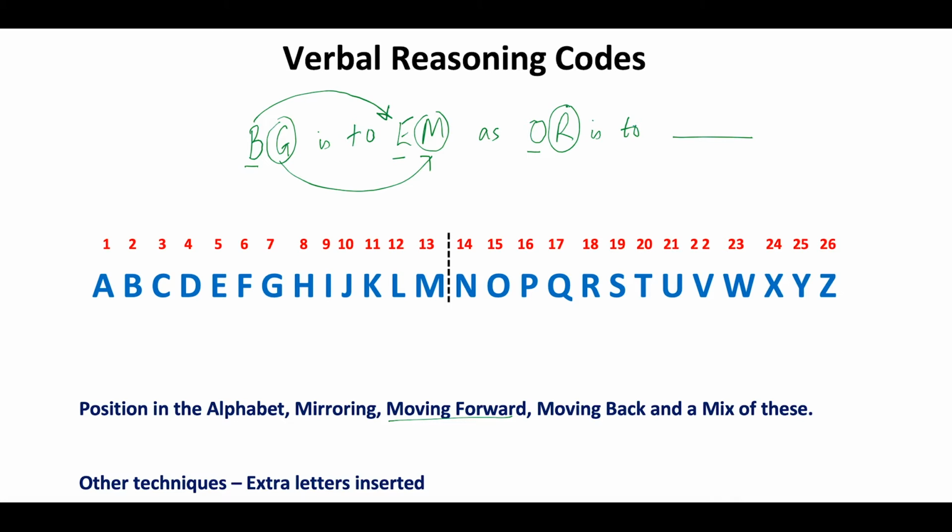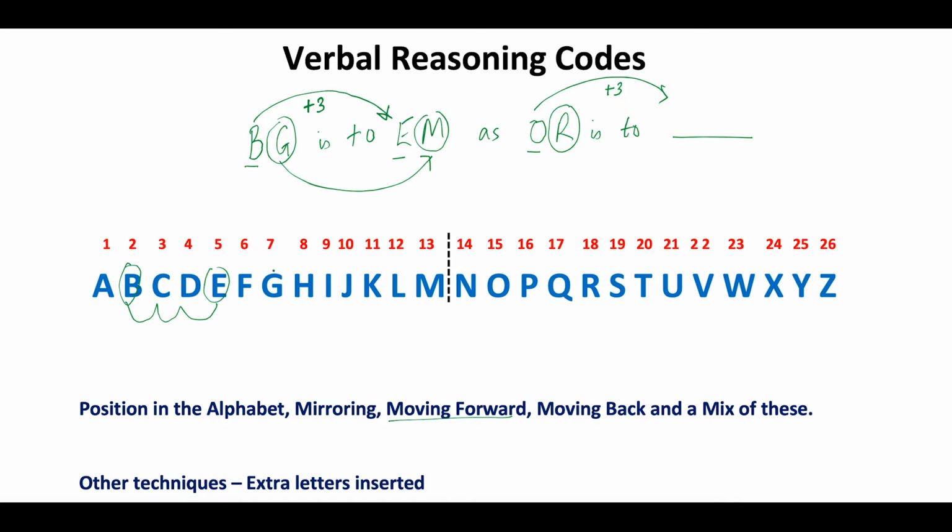So let's look at the first one. B to E. So there's our B and there's our E. Going forward, it's 1, 2, 3. So we put that down as +3. We're going to take the O and +3 here. You can do them at the end or as you go along. I like to do them at the end, so I can see all the patterns.